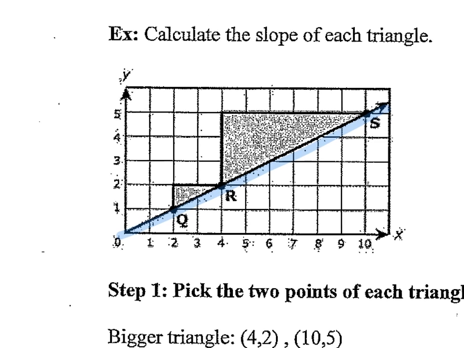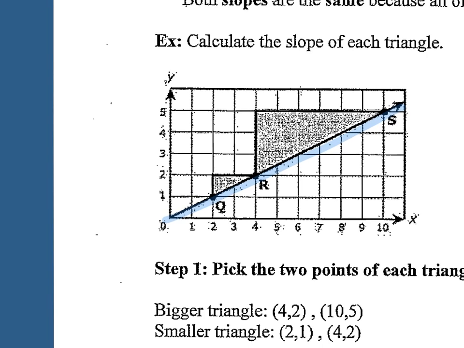Since they give us a graph, the easy way to do it, since we're finding slope, and slope is the change in y over the change in x, or rise over run, vertical change over horizontal change, it's all the same. So that's what I'm going to do.